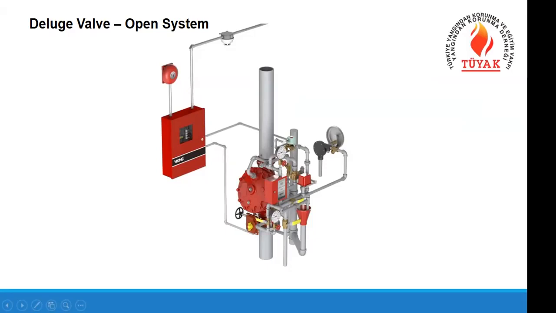The panel activates a 24-volt solenoid that releases the pressure inside the valve and opens it and sends the water to the pipes. And this system has no water inside the pipes, but also no pressurized air inside the pipe. It's open completely. So it's a different kind of system that I will show you in a foam system example in coming slides.